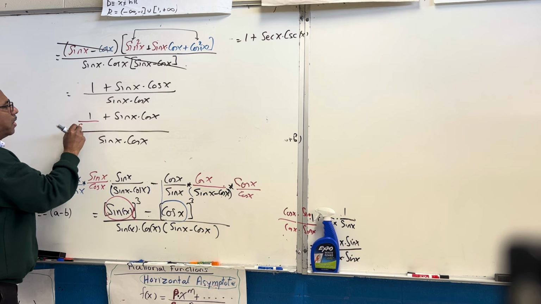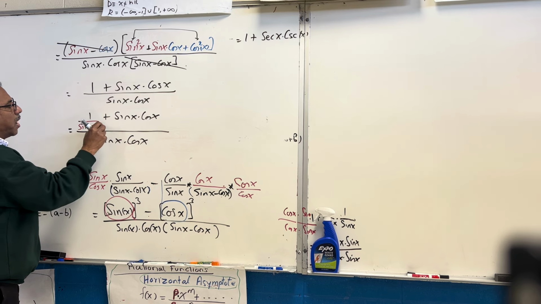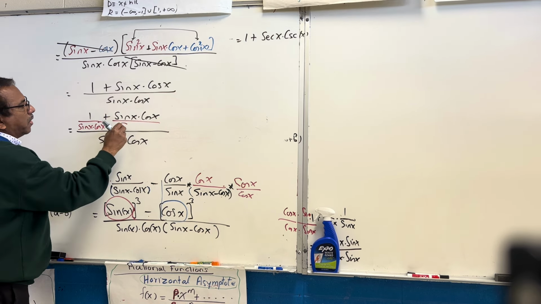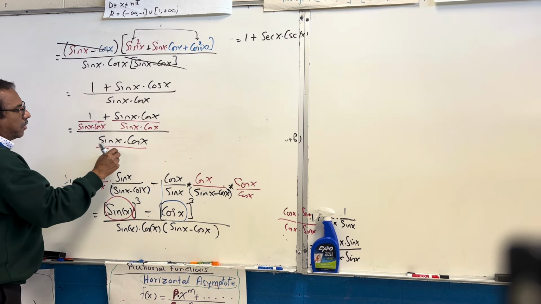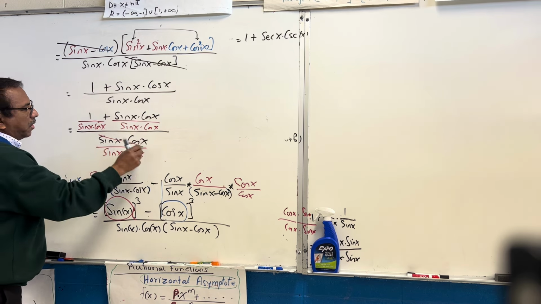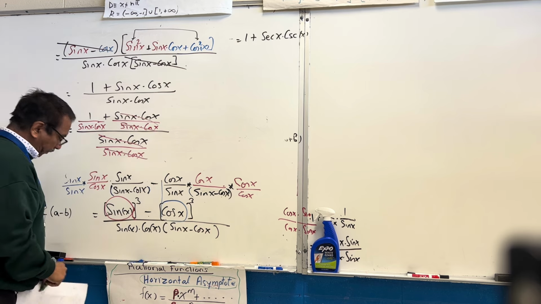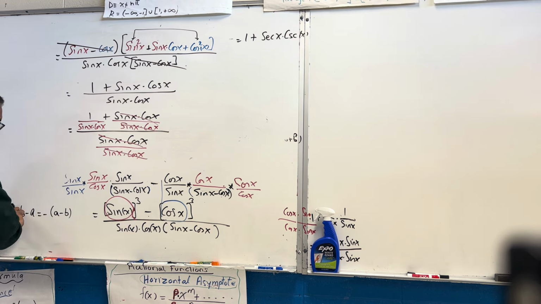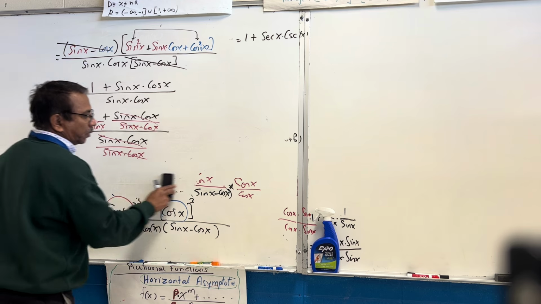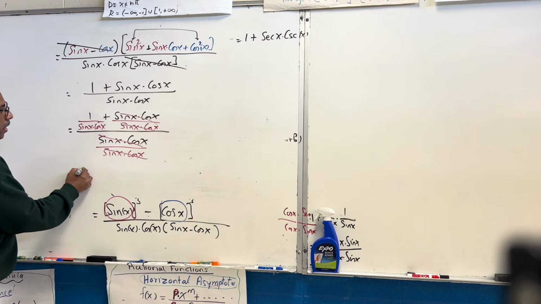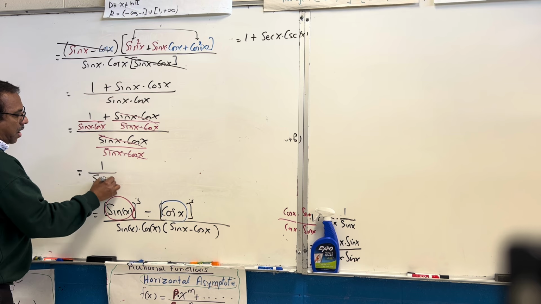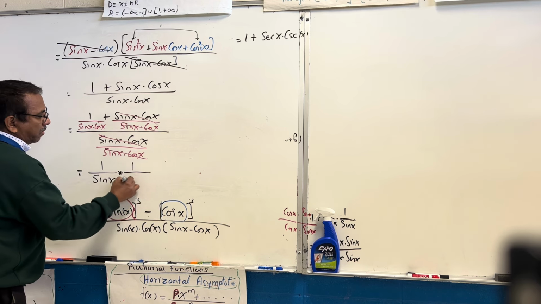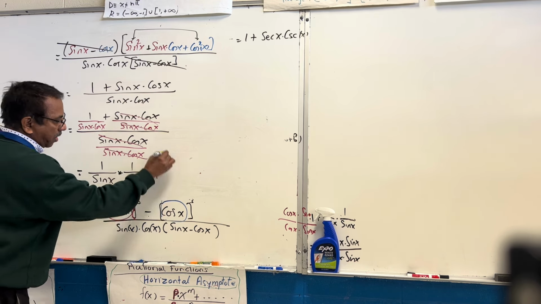So this will cross out, and you end up getting 1 over sine x, 1 over cosine x plus 1.